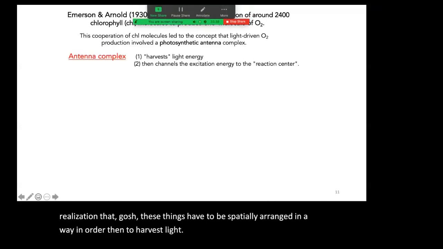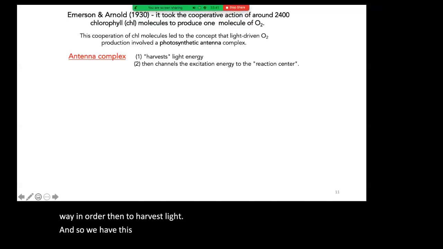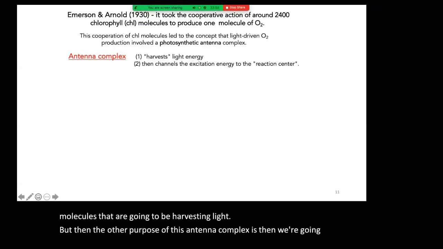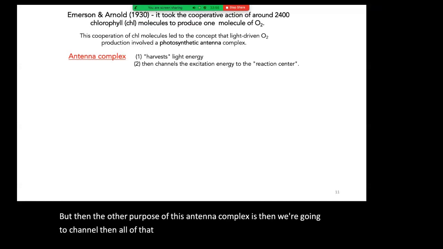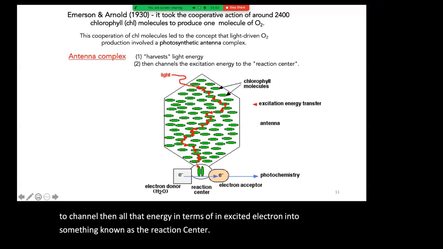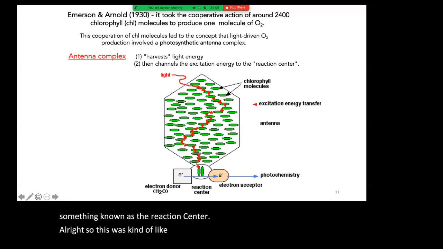And so we have this antenna complex of 2,400 chlorophyll molecules that are going to be harvesting light energy. But the other purpose of this antenna complex is that we're going to channel all of that energy, in terms of an excited electron, into something known as the reaction center. This was an updated drawing.